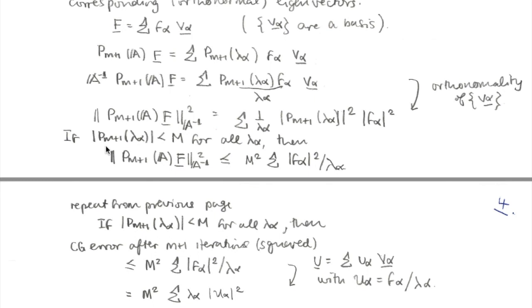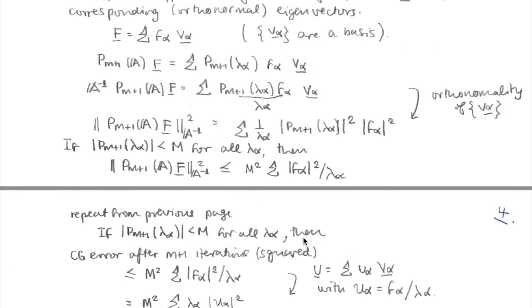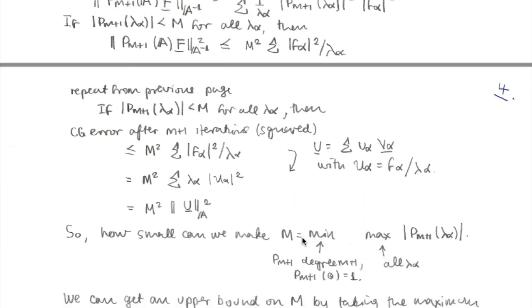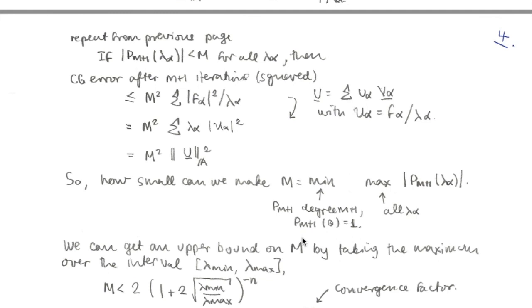So now I'm going to come back to the Chebyshev argument. If I can figure out a polynomial that makes this less than epsilon m for all lambdas, then this thing is less than epsilon m squared, and I've got this thing here. Now it says repeat from the previous page because I thought I'd be doing this page by page.